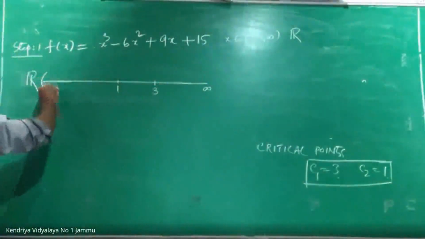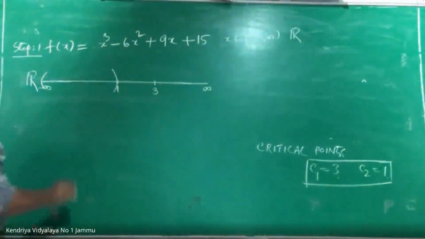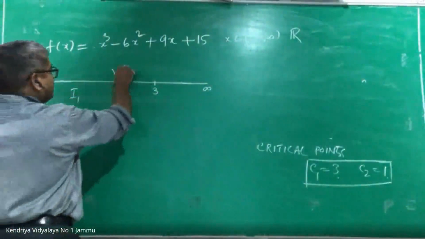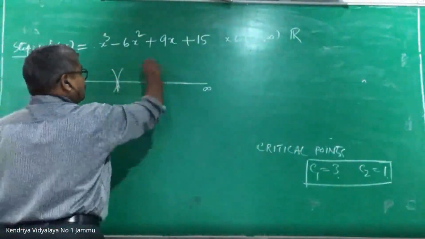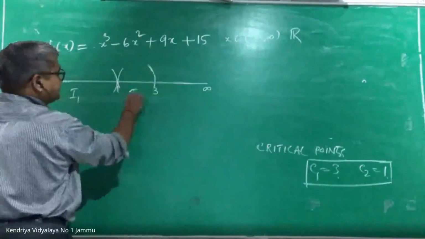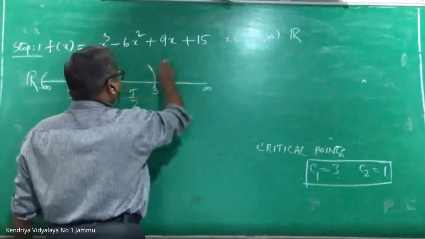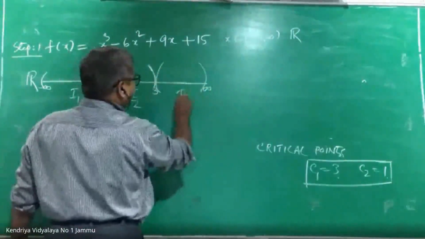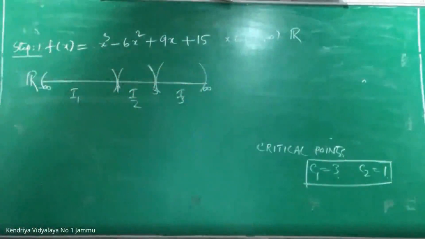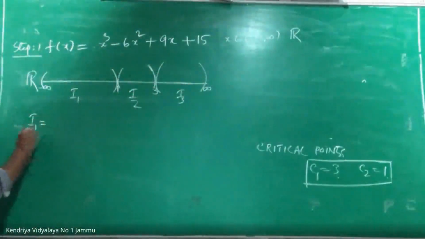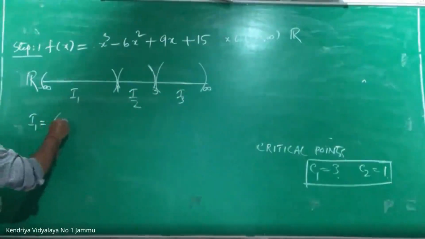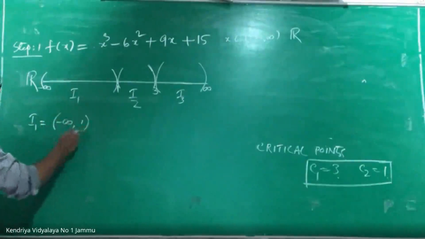Now I have got intervals here. This is I1, this is I2, and this is I3. I1 is equal to minus infinity, comma 1.